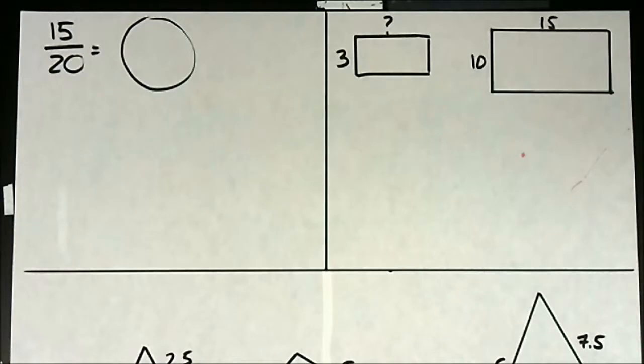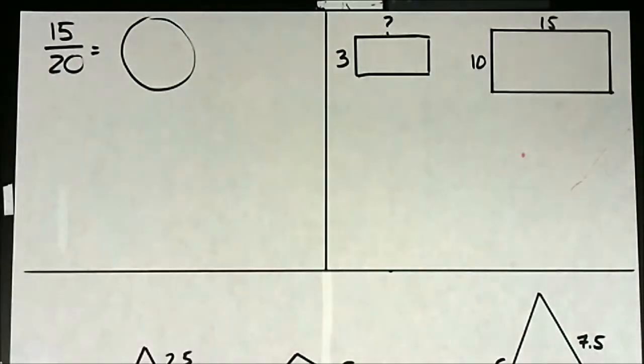What I would do is I would find the simplest way to get an equivalent ratio to 15 over 20. That's not 15 over 20 itself. So don't write the same ratio. Technically, yes, that works, but you're just copying. So don't copy. One thing you can do is reduce this. And I can reduce this easily by dividing both sides by 5. 15 divided by 5 is 3. 20 divided by 5 is 4. So 3 over 4 would work.